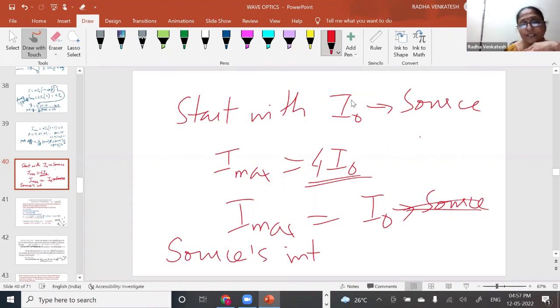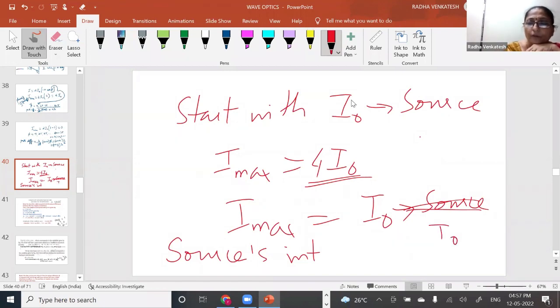I'll send such questions as an assignment to you, where they will say the maximum intensity or the intensity of constructive interference at a point is I naught, and they'll ask you to find certain things for that. But for that, you will need to know the source's intensity. What is the source's intensity?